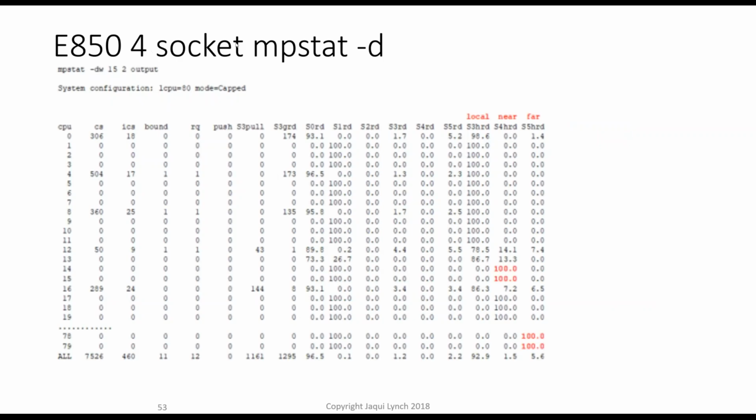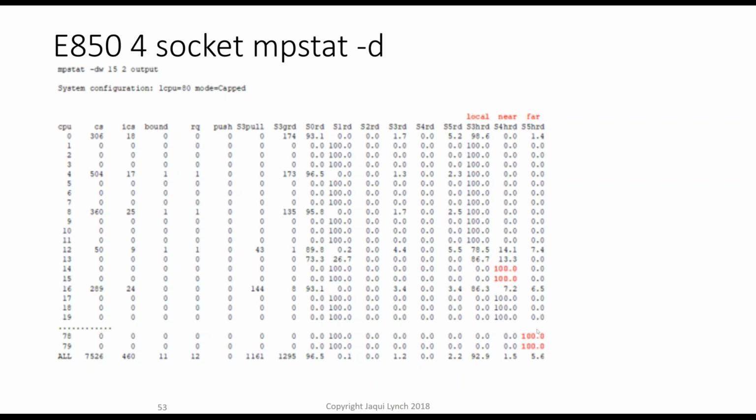In this case, this is an E850 with 4 sockets, and again, you can see that some of the threads are 100% local to the memory attached to them, and then some of them are near and far. This is within the chip, within the core, within the socket. So this is a different socket, this is the same socket but a different chip, and this is the same chip.